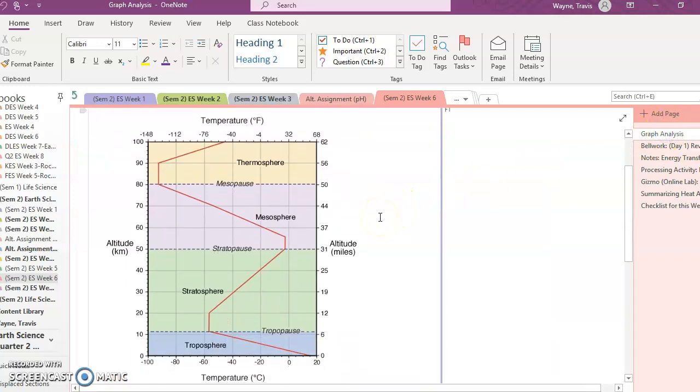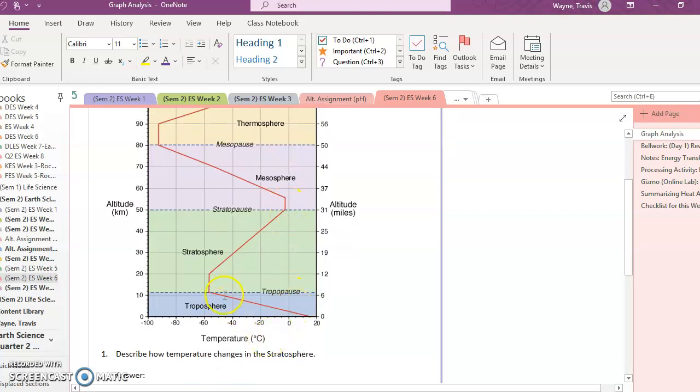This image is a nice representation of the different temperature changes that occur within our atmospheric layers. The biggest thing you should notice with this trend is that as you increase in elevation, as you go further and further into space, or further away from Earth, our temperature decreases, increases, decreases, increases.